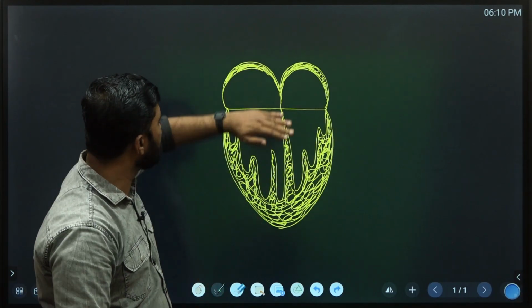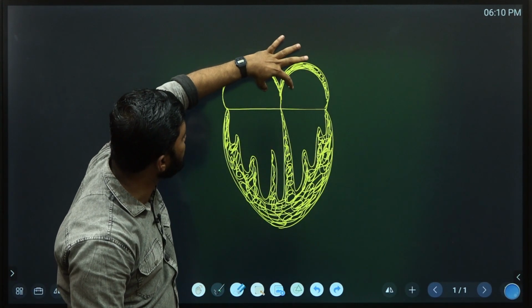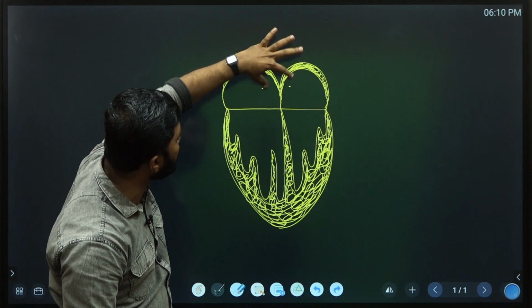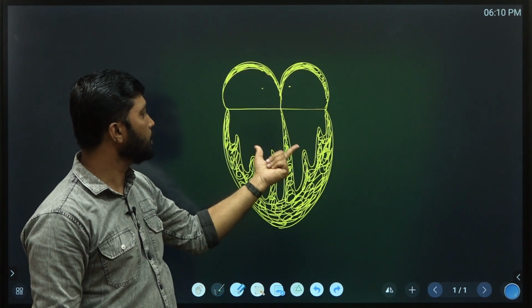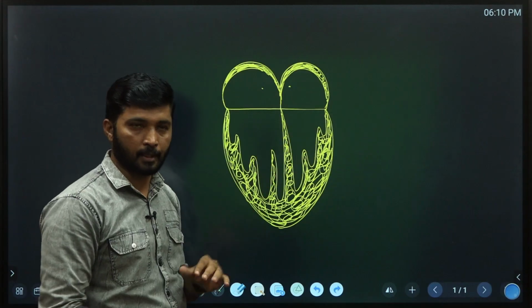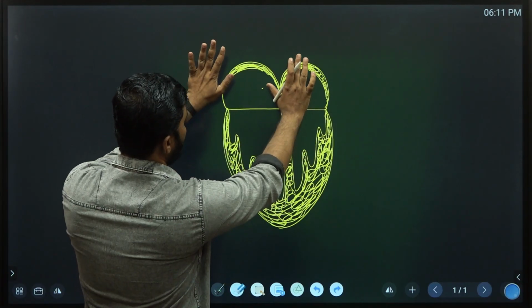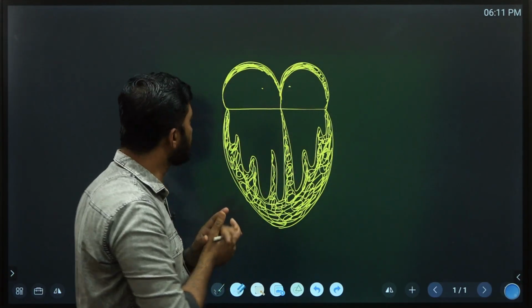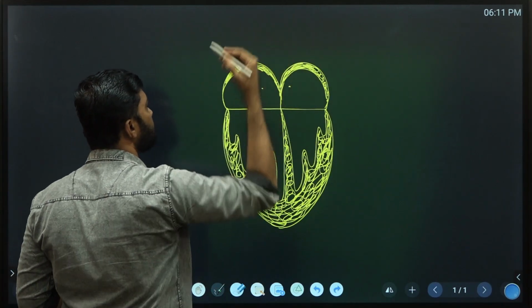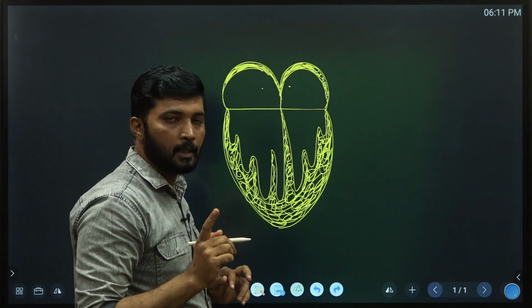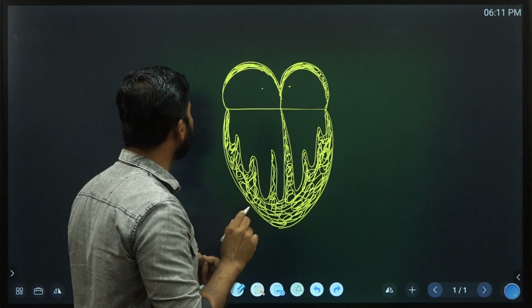In that, the upper two small chambers are the auricles or atria, and the lower two large chambers are the ventricles. The upper two small chambers are called the auricles or atria, right?